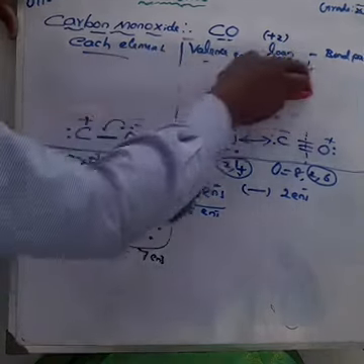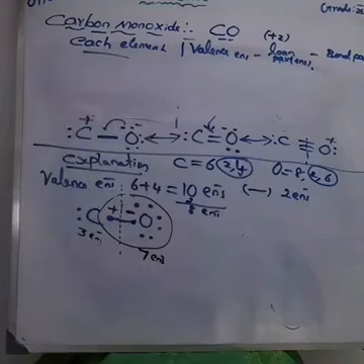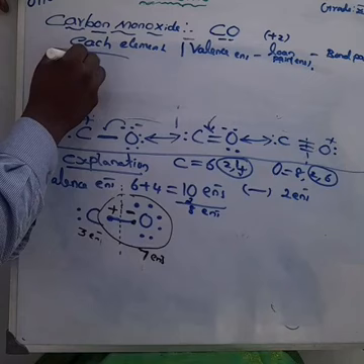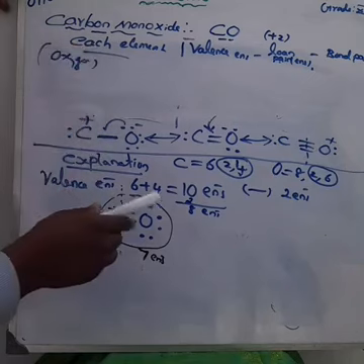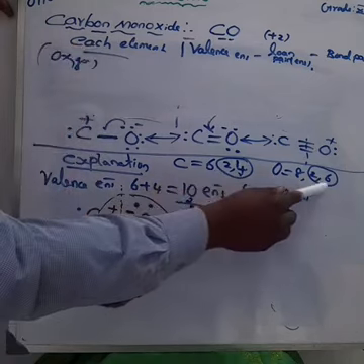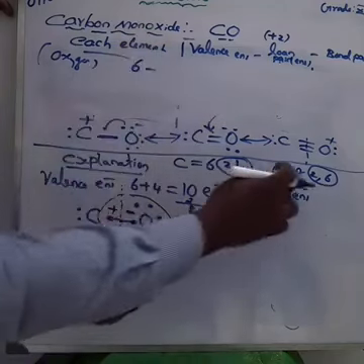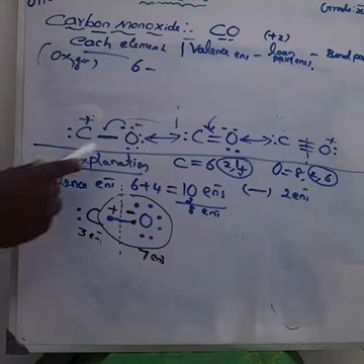Next one. We have to find out the oxygen charge. As per the textbook, we have the negative charge. We have to find out what is the charge of oxygen. What is the valence electrons of oxygen? Valence electron of oxygen, we know that one, 6, minus number of lone pair and bond pair.